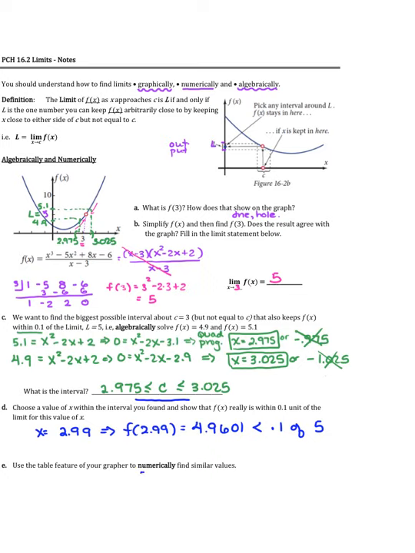How would you do this numerically? I would use my table feature. So under y1, I would enter x squared minus 2x plus 2.